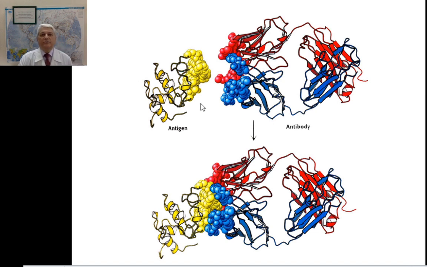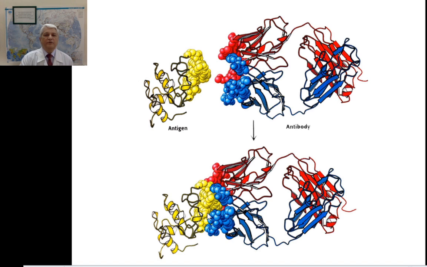And yellow is antigen. On this picture you can simply see that the structure of antigen binding site, which is here, is complementary with the structure of antigen. So these two molecules can specifically react.